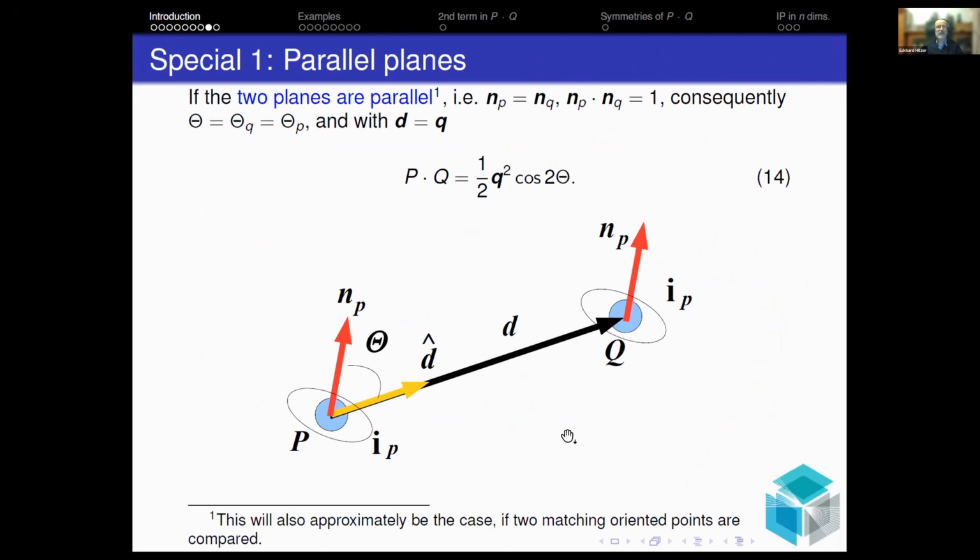Now, two special cases. One is, how does the expression simplify if simply the two planes are parallel, the two orientations are the same, np and np again? Then p dot q simply becomes 1/2 q squared cosine 2 theta, which is now the single angle between the distance vector and the orientation vector.